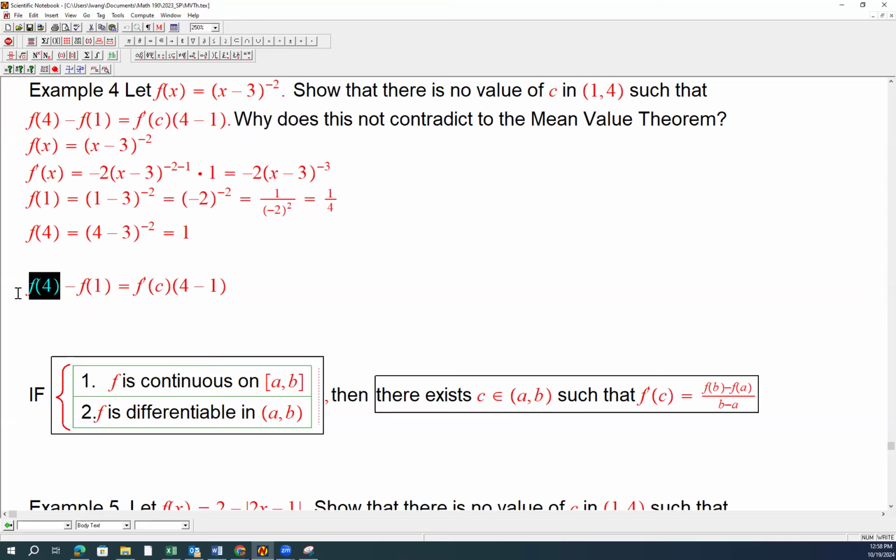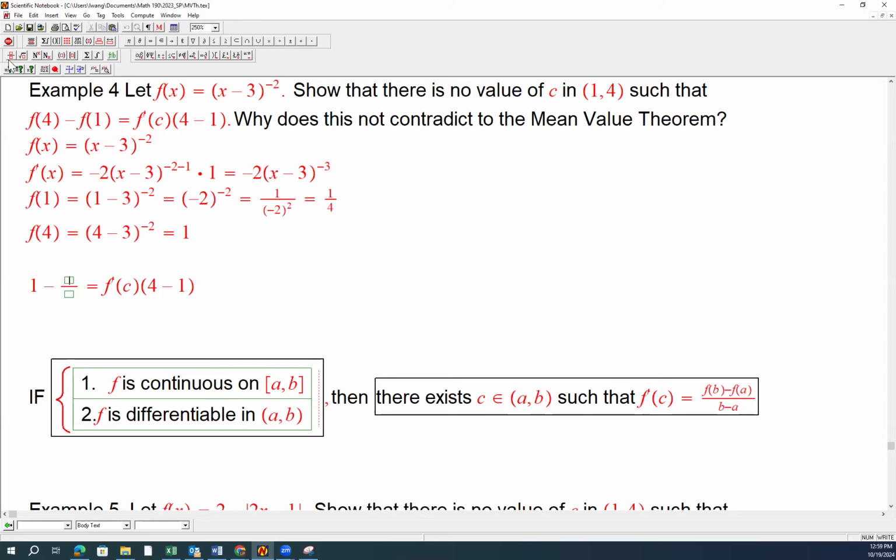F of 4 is 1. F of 1 is 1/4. 4 minus 1, we don't need to do anything. The derivative f prime of c, so this derivative function, will be replacing x by c.